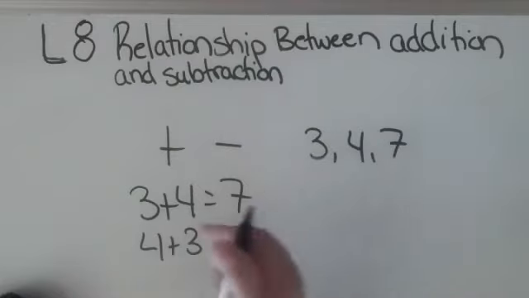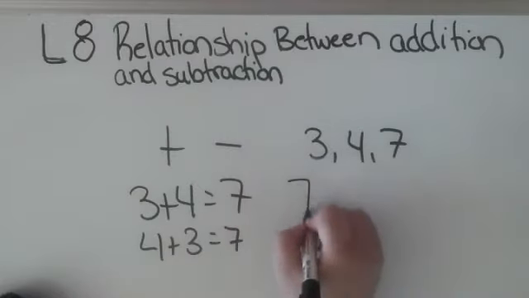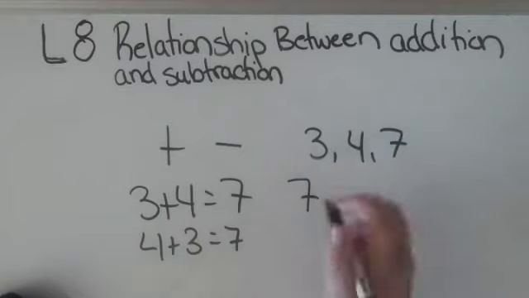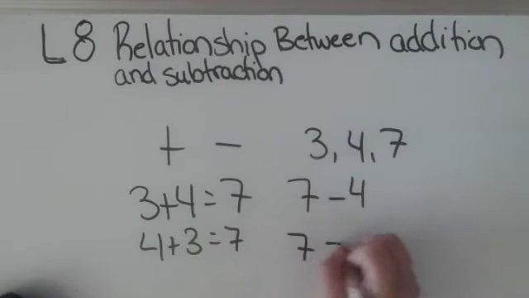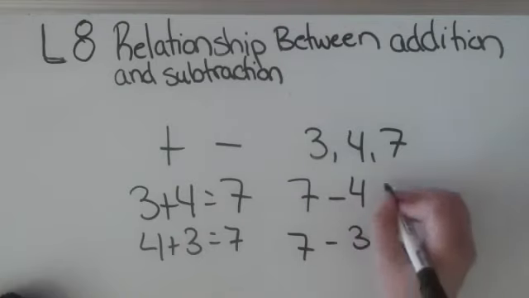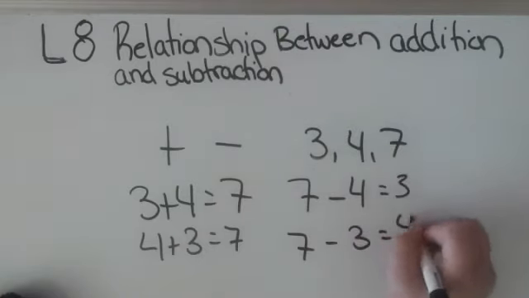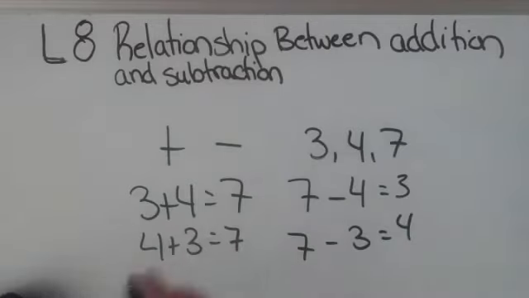Or I could do subtraction with inverse of 7. Remember, my subtrahend needs to be biggest. 7 subtract the minuend of 4, or 7 subtract the minuend of 3, and I would get my numbers. Okay, this is the relationship between addition and subtraction. Lesson 8, Saxon 5.